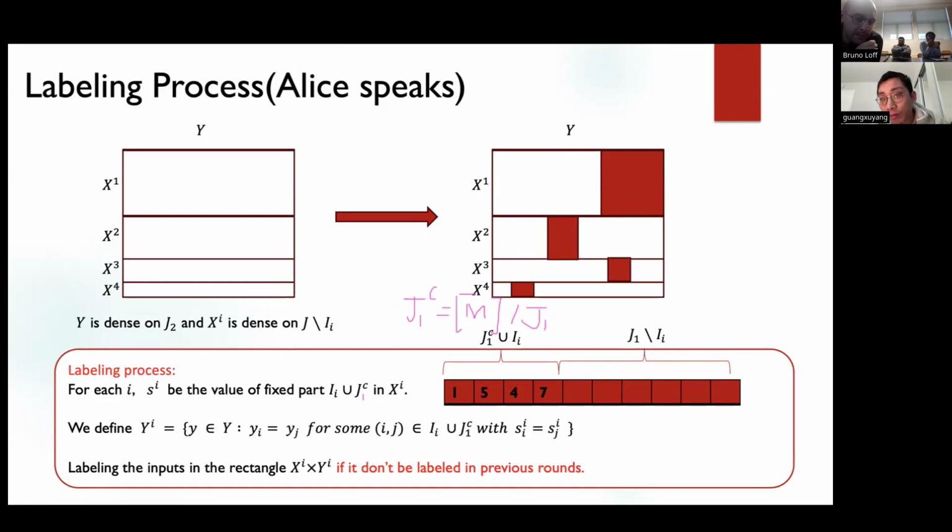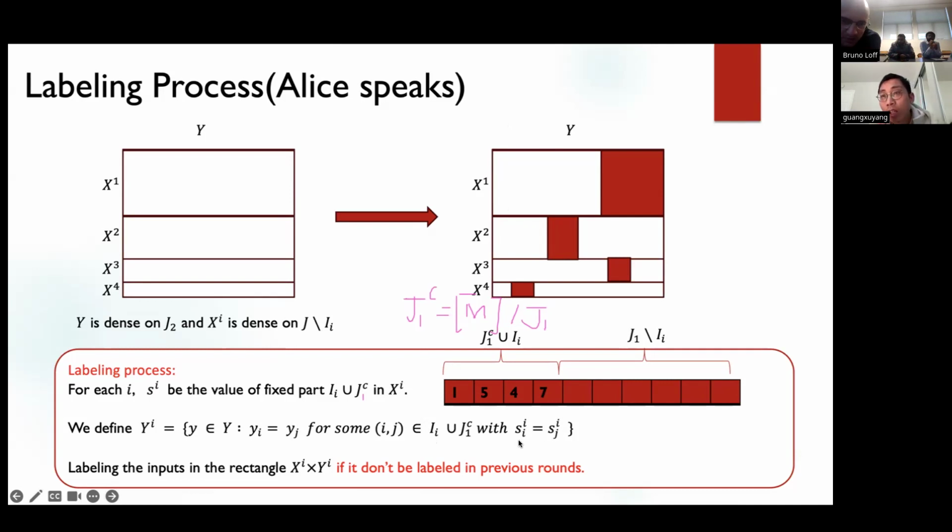Sorry, this I is not the same as... I see. Sorry, there's no parentheses between this I and J, right? These are just two coordinates that you fixed, I and J. Yeah, two coordinates we are fixing.